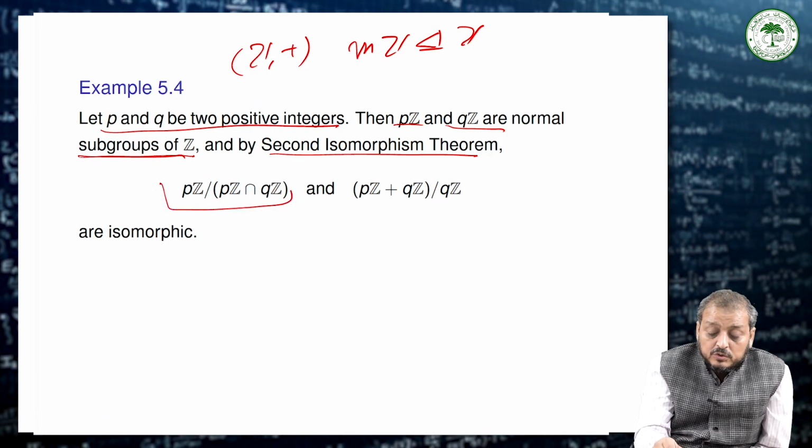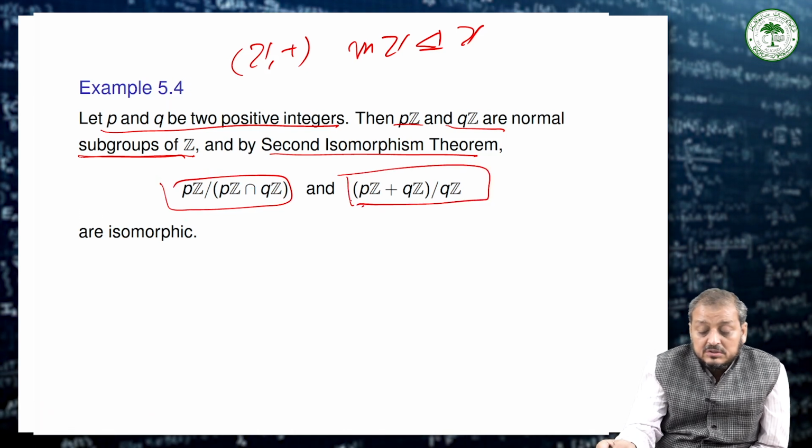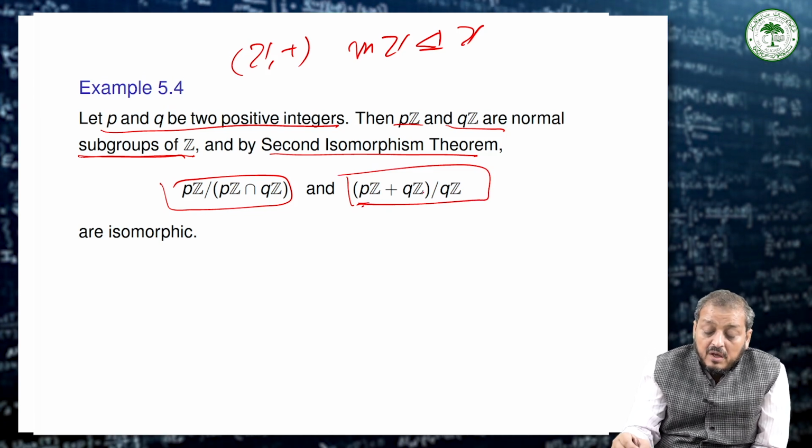So we can say that the quotient group pZ plus qZ over qZ is the coset in this form.